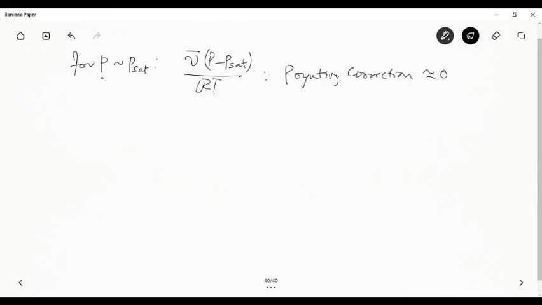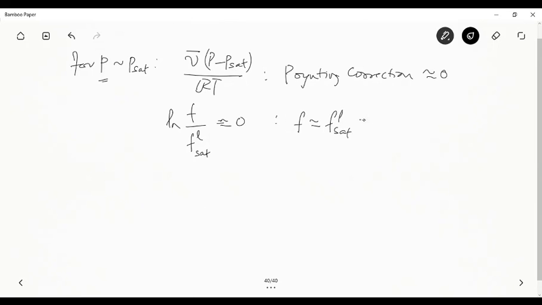Only when the pressure P exceeds P sat by a substantial amount do we have to worry about this. Otherwise, the Poynting correction can be neglected. Then log of F by F sat of the liquid is approximately 0, or F is approximately equal to FL sat.